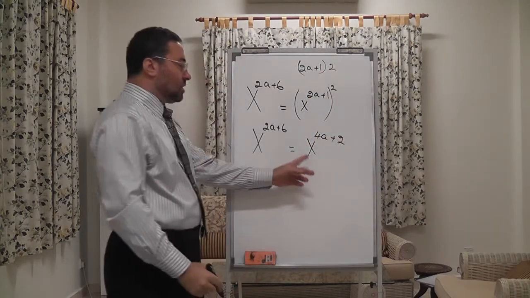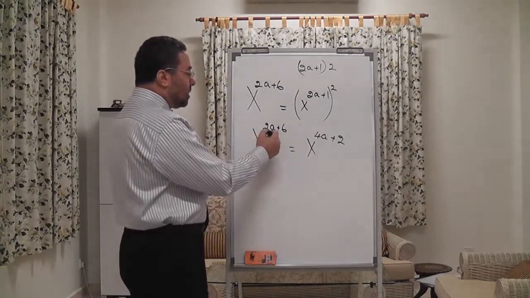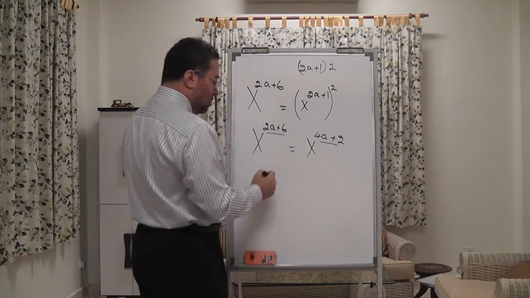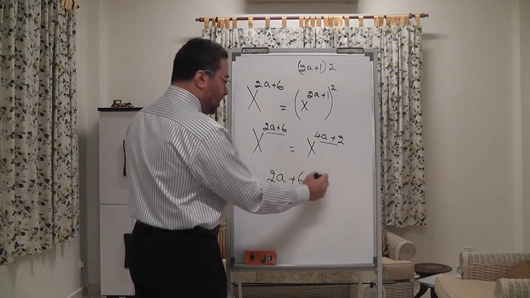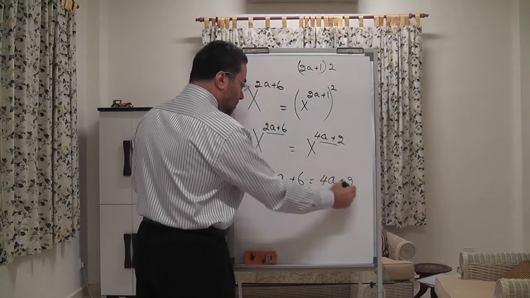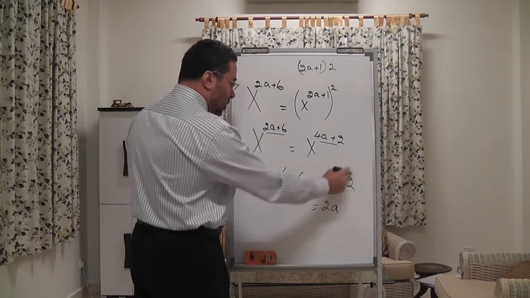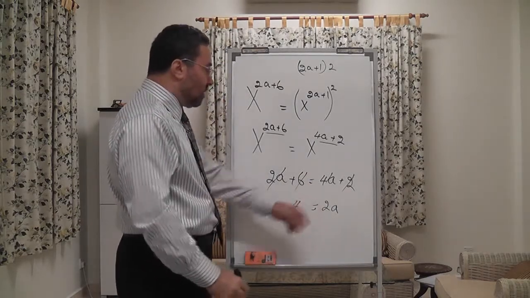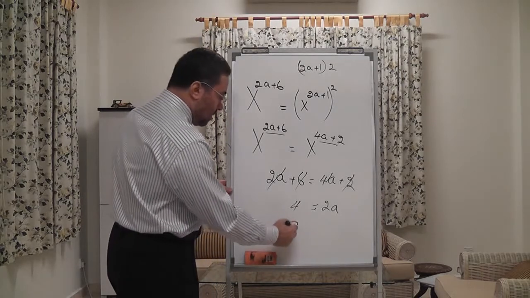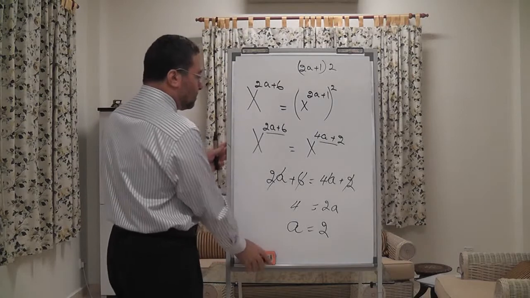If these two numbers are equal, since they have the same base, then the powers should be equal. So 2a plus 6 must equal 4a plus 2. Right away we drop 2a from both sides, and we drop 2 from both sides, and we get 4. And here we divide by 2, and we get a equals 2. And that's the answer.